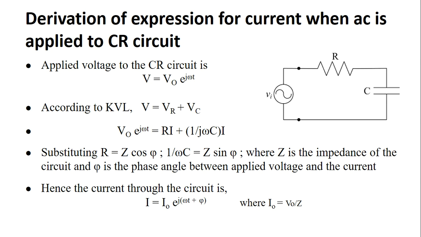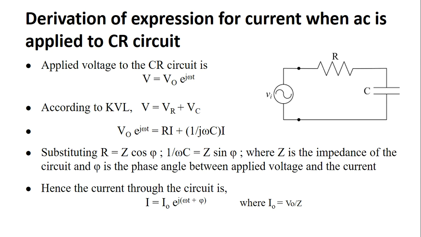For simplifying this equation, let us substitute R is equal to Z cos phi and 1 by omega C is equal to Z sin phi, where Z is the impedance of the circuit and phi is the phase angle between applied voltage and the current in the circuit.